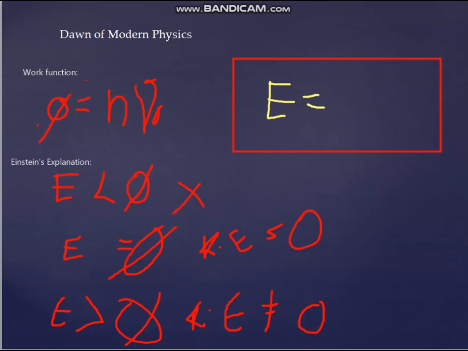E is equal to phi plus kinetic energy, which means the work function and the kinetic energy will be the total energy of a photoelectron. Okay? With this, we can find three formulas. I'll write it down.